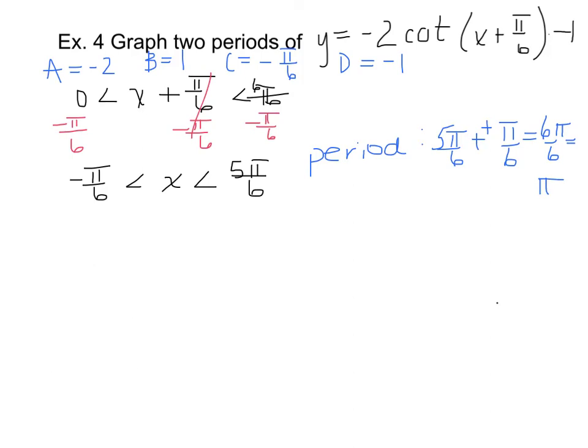Let's find our tick marks first. Take your period, TM, and you divide it by 4. So that's what we're adding each time, but we're starting at negative pi over 6.